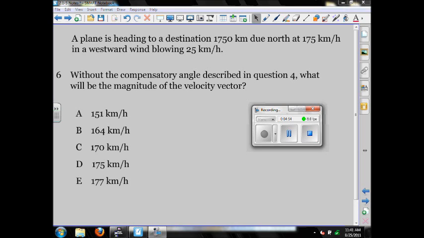Because there are only 2 vectors and one's north and one's west, we don't technically write out the x hat, y hat notation. There's actually only one answer that makes sense. This one. Yeah.